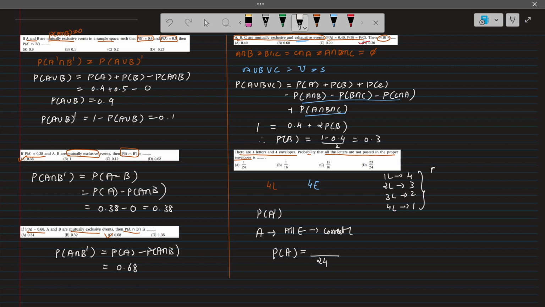This means the total possibilities of arranging the letters in envelopes are 4 into 3 into 2 into 1, which is 24. So out of a total of 24, only one arrangement has all the envelopes and letters correctly placed. We have to find P of A dash, which will be 1 minus P of A, equal to 1 minus 1 by 24, or 23 by 24.